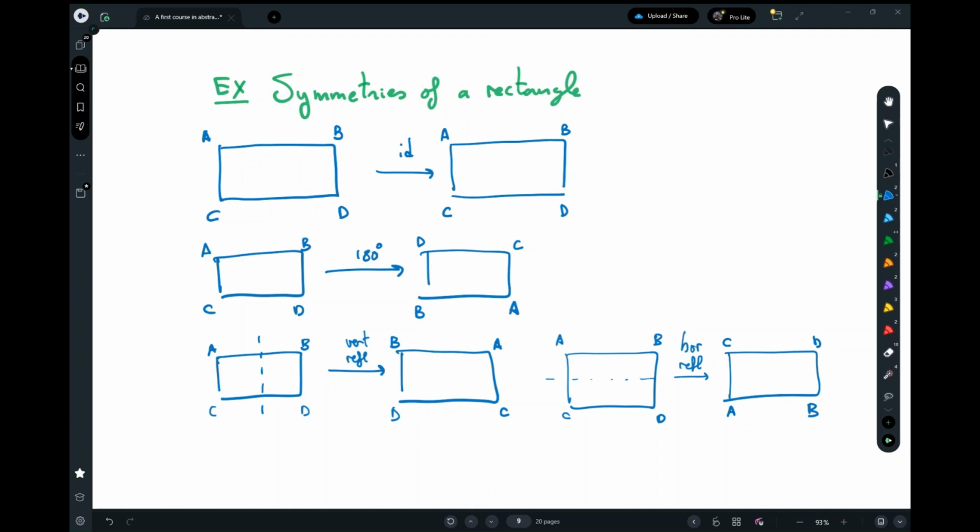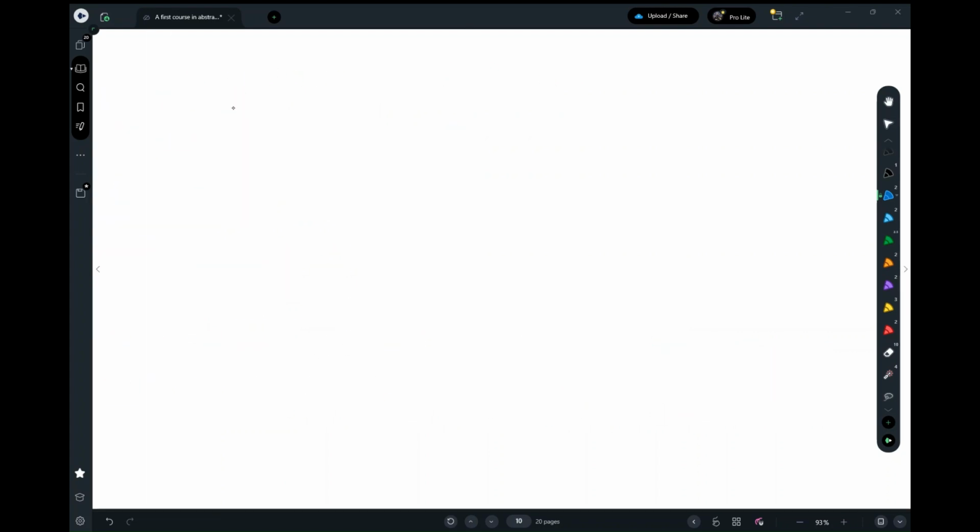And one way of finding more operations is that we can compose these operations. So these operations under composition are going to form a group that satisfies properties, one can show, G1 through G3. So the composition of these operations could produce new operations. Let's see what happens if I do a composition. I'm going to start with my rectangle A, B, C, D, and first do 180 degrees.